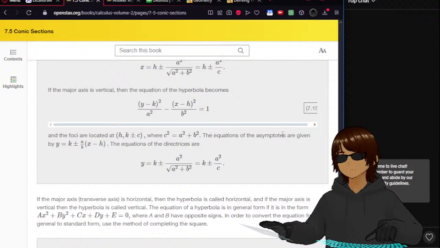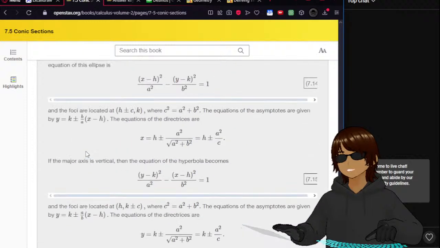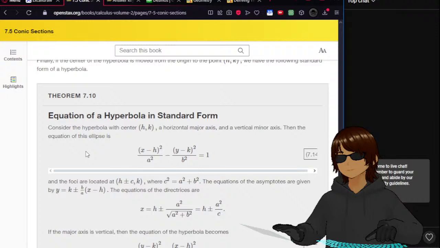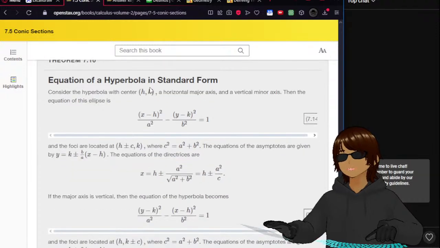The equations of the asymptotes are given by y equals k plus or minus a over b times x minus h. The equation of a hyperbola in standard form: consider the hyperbola with center (h, k), a horizontal major axis and a vertical minor axis. Then the equation of this hyperbola is this.